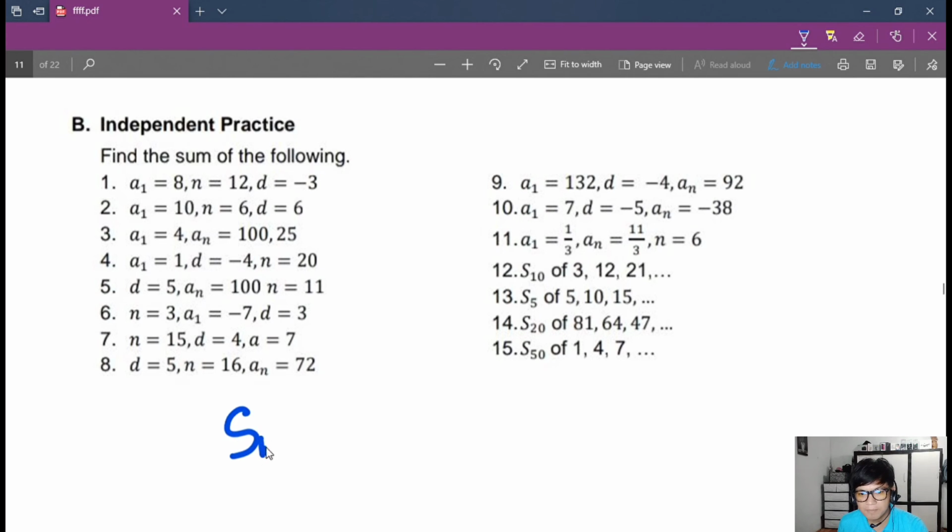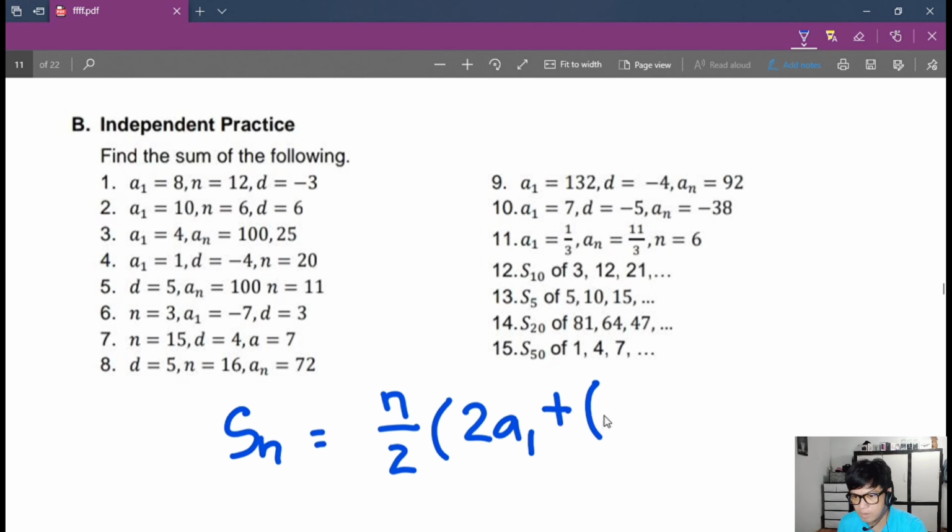Yung S sub n is equal to n over 2 times the quantity of 2 times a sub 1 plus the quantity of n minus 1 times d. Ito siya ginagamit kung hindi natin alam ang last term. So yung mga problem dito, from 1 up to 8.